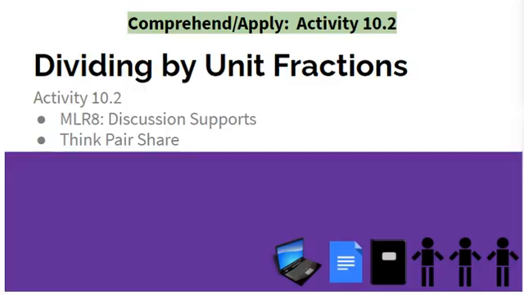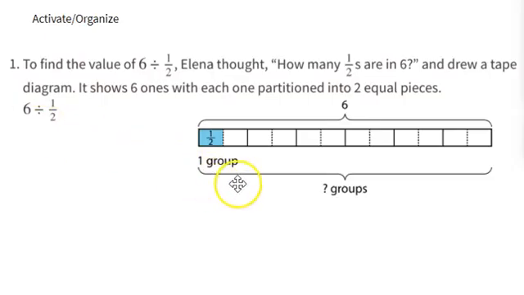All right, let's talk about dividing by unit fractions. So to find the value of 6 divided by 1/2, Elena thought how many 1/2s are in 6 and drew this tape diagram. She's got 6 ones and made each of the ones into 2 pieces.